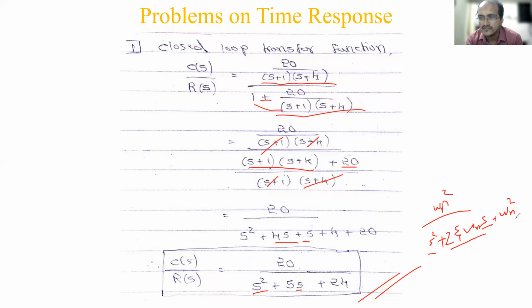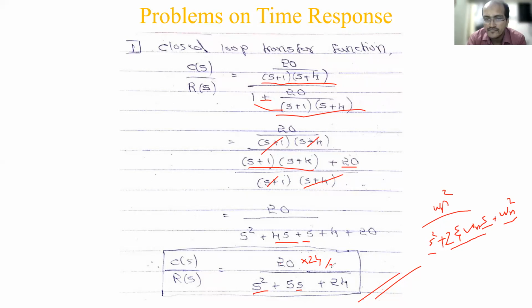This is very cautious. So omega n square in the denominator you have 24 and in the numerator you have 20. Here the confusion will start, which one to look at. So the denominator you cannot modify, but in the numerator you can bring the 24. How? Just multiply and divide the numerator by 24.